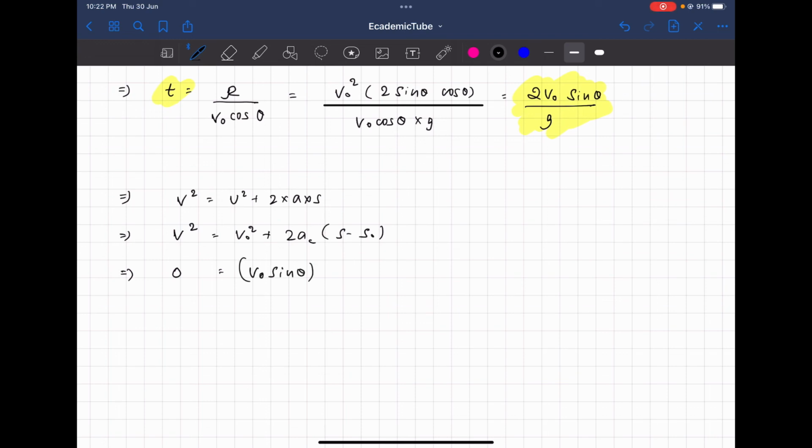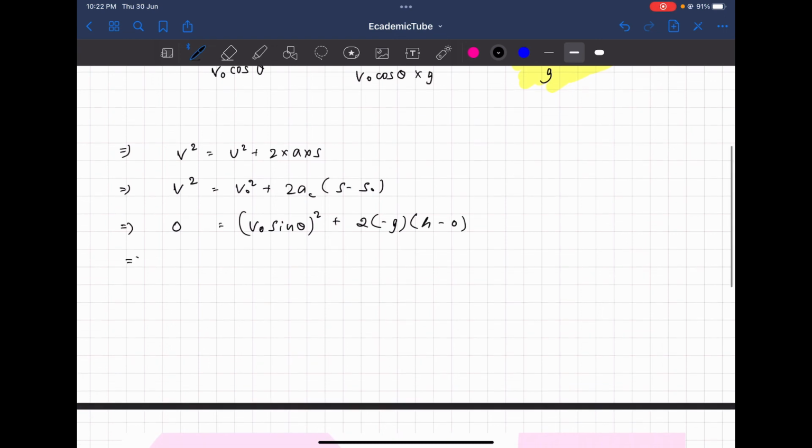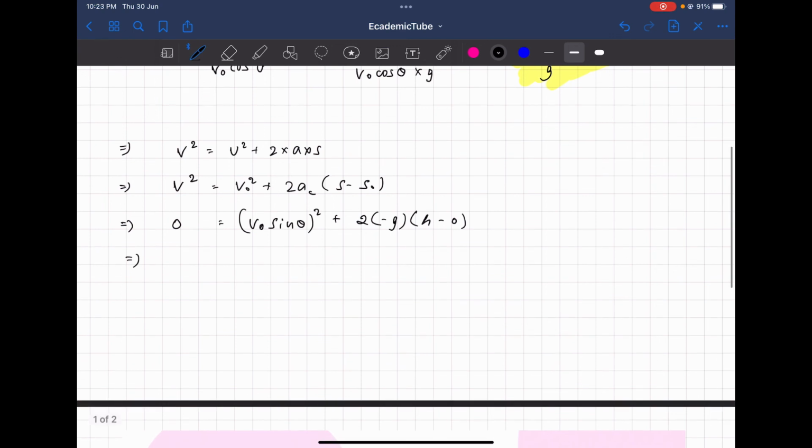The final velocity is 0 because when the particle reaches the top position, the y component of velocity is equal to 0. Gravity is in the downward direction, the maximum height is h and the initial height is equal to 0. So from there we get h is equal to v naught square divided by 2g into sin square theta.